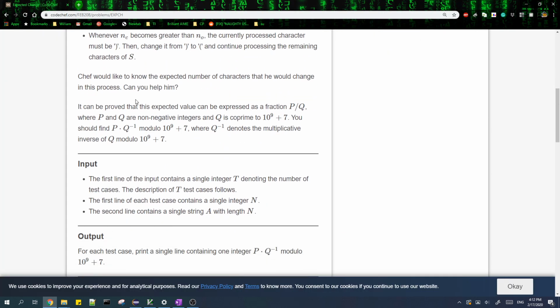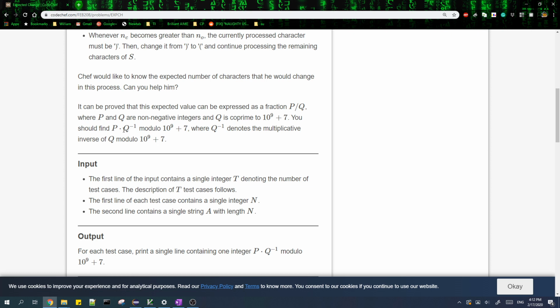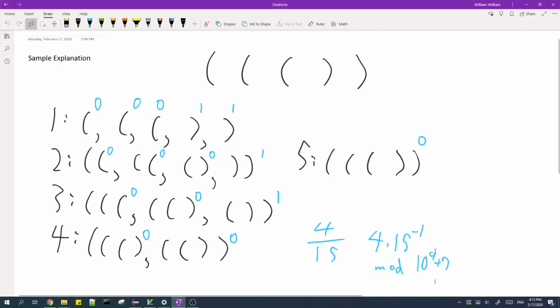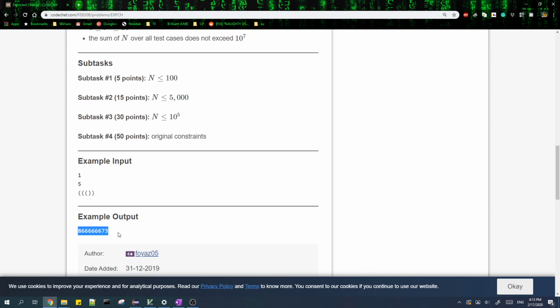The problem says that this expected value can be expressed as a fraction p over q, and we find that p is 4 and q is 15. So we just calculate the inverse of q modulo this mod, and then multiply p and the inverse of q together to find the answer. We calculate this, and we should get the answer shown here.